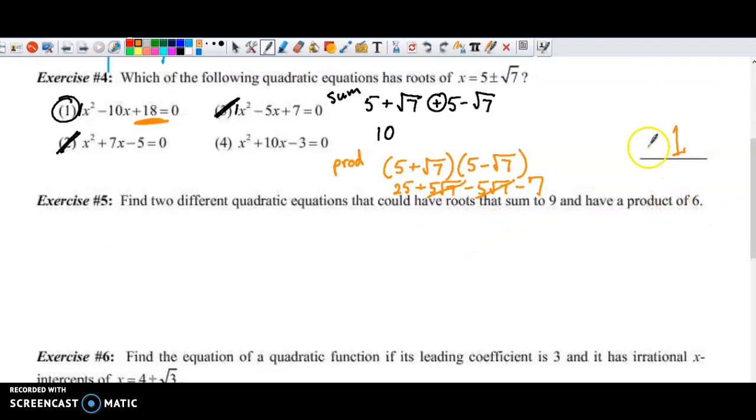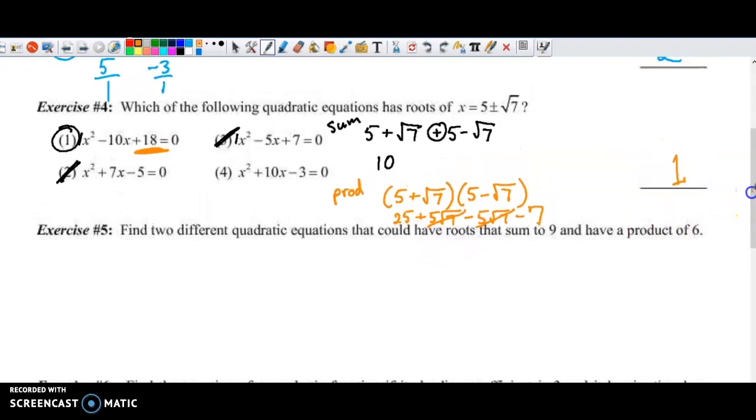So just to give you a different way of approaching a problem, having two different quadratic equations, I'm going to try and keep this as simple as possible. We have ax squared plus bx plus c. And remember, the sum, with the formula negative b over a, has to equal 9. Well, I could keep this as simple as possible, and I could just let a equal 1.